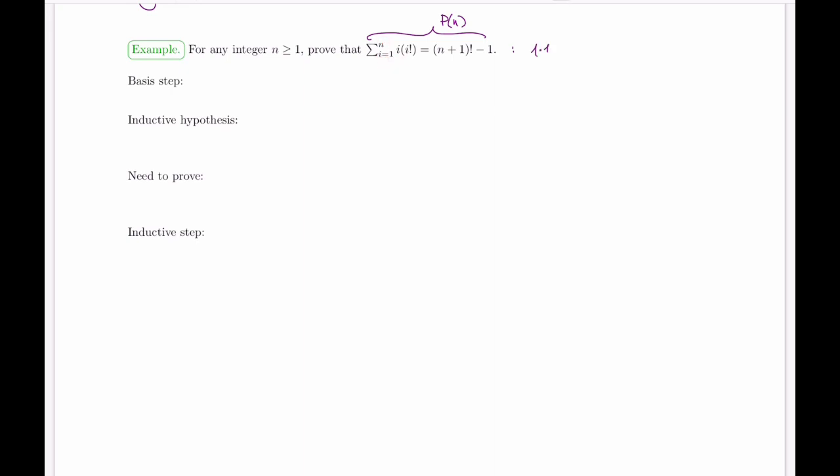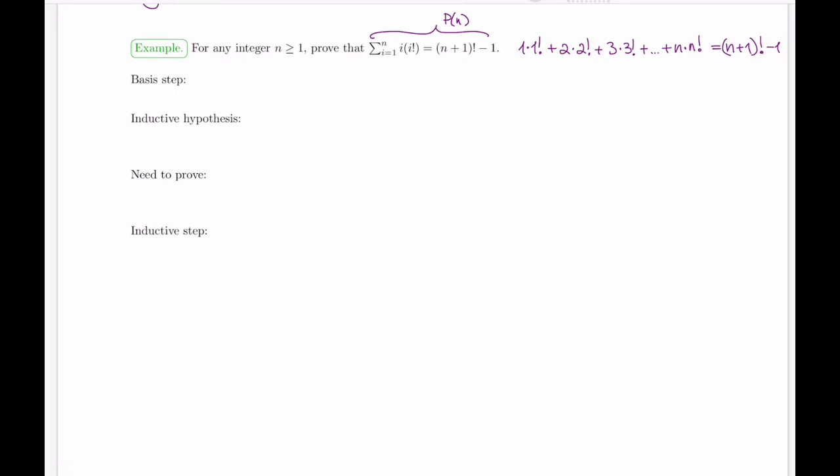So 1 times 1 factorial plus 2 times 2 factorial plus 3 times 3 factorial all the way up to n times n factorial. And the alleged simplification is the fact that this whole thing is equal to n plus 1 factorial minus 1.